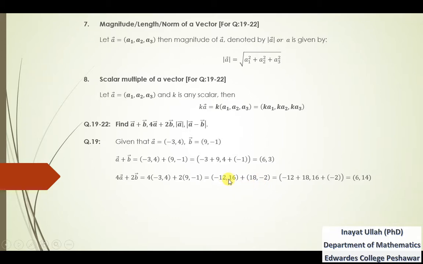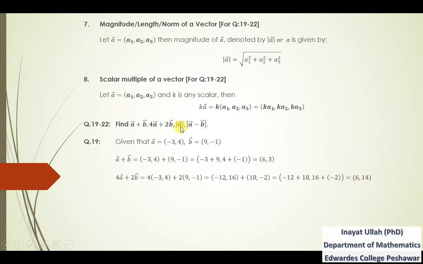Now we add these two vectors in the same way: (-12 + 18, 16 + (-2)). Minus 12 plus 18 is 6, and 16 minus 2 is 14. So that is 4A plus 2B.